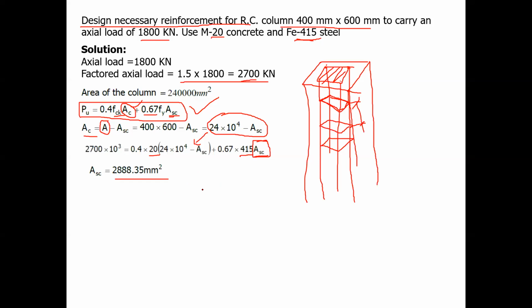So you have to check the percentage of steel. The formula is pt is equal to 100 Asc by bD, where you are going to take the area of steel. So substitute and calculate how much you are getting pt value, percentage of steel.